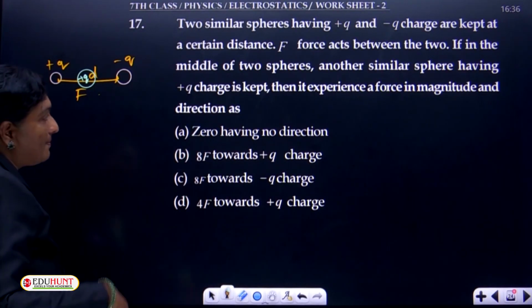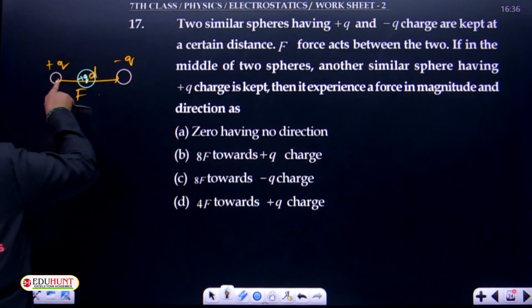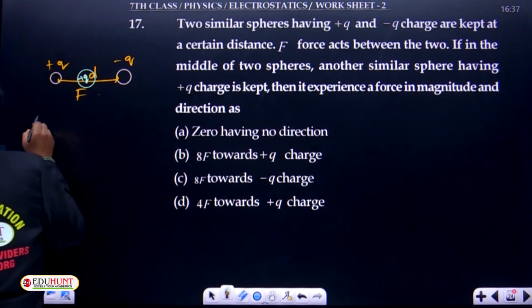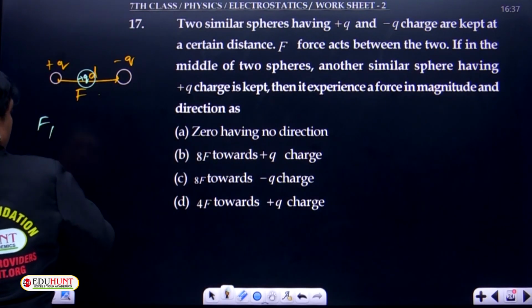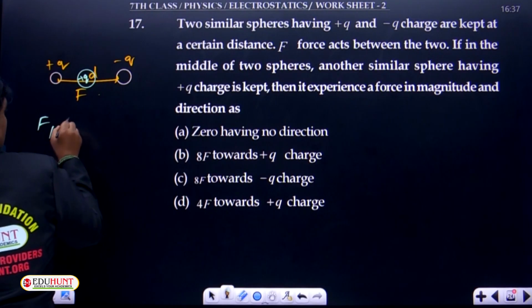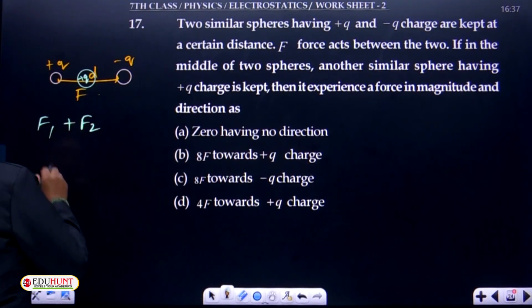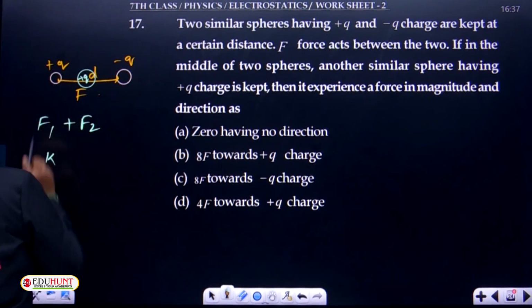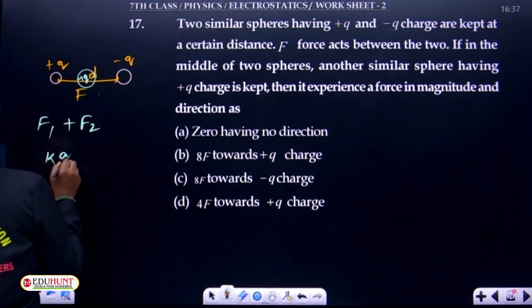So we have to find out the magnitude as well as the direction. Let us try to discuss the same. Between the two charges some force is acting, let us indicate that force as F1, and between the two charges some other force, that is F2. The force between them is equal to k times Q square by D square.